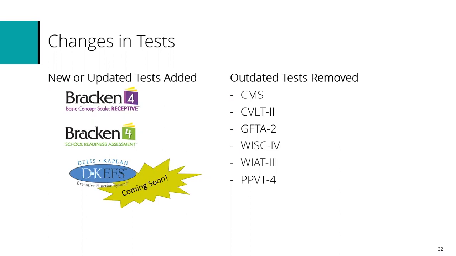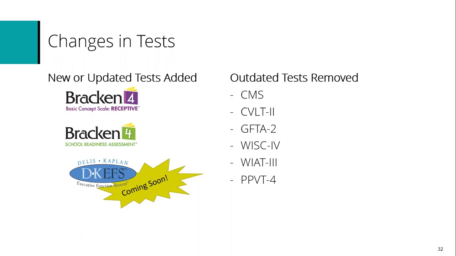But again, unless you are within a smaller district or somebody that's just ready to start using the Bracken, don't feel rushed to switch in the middle of the year. You can finish out the school year in the legacy app, make the transition over the summer, and start the new year with the new Assess app.